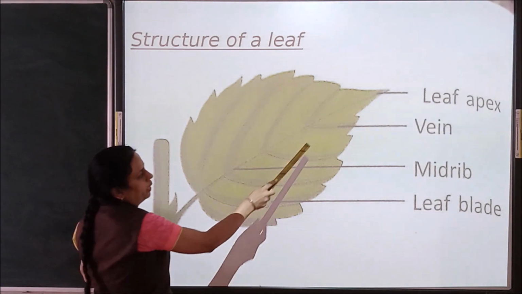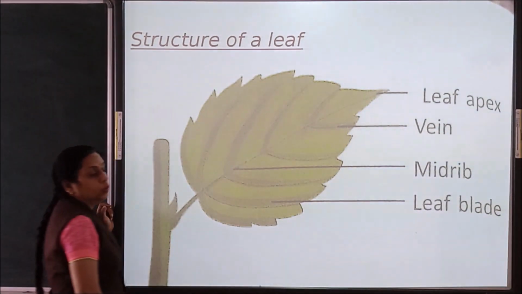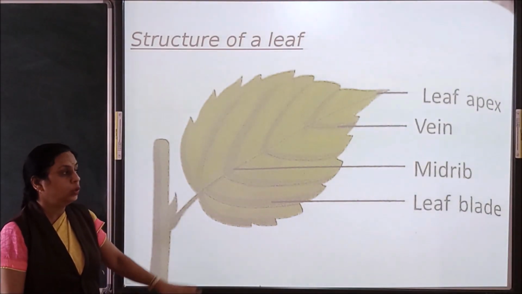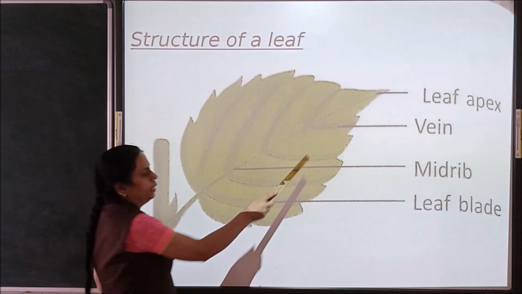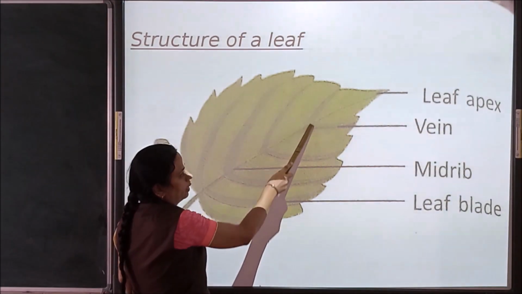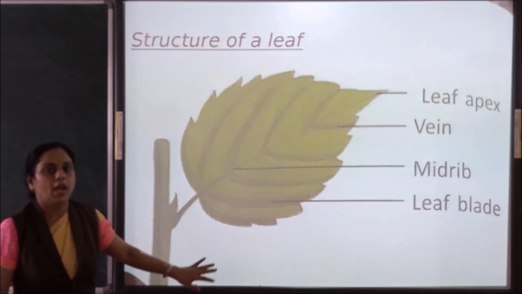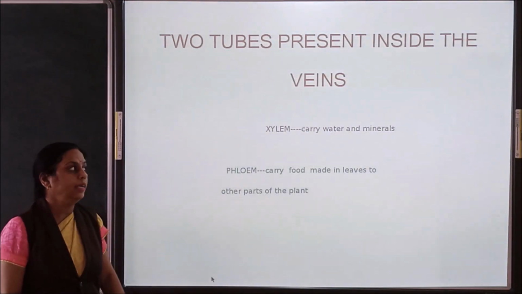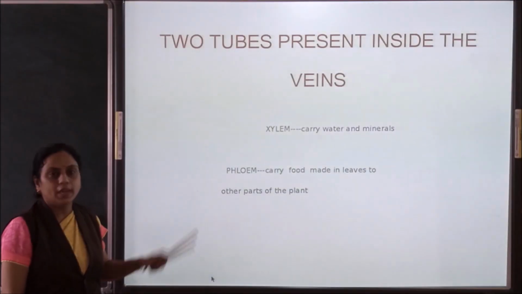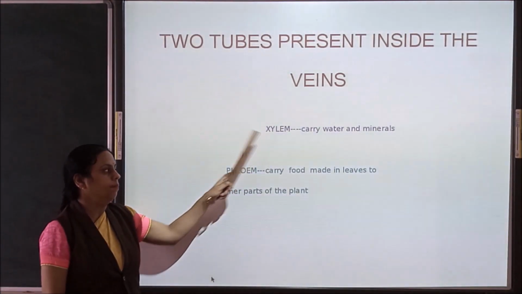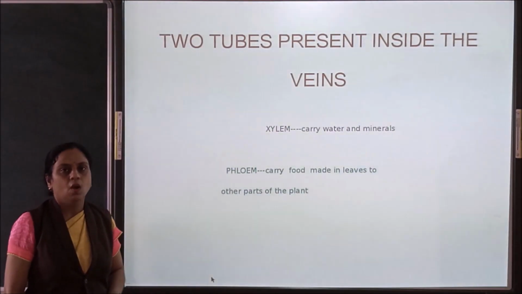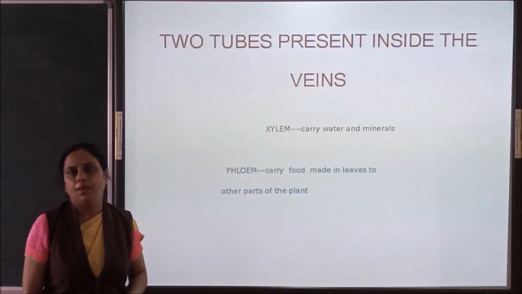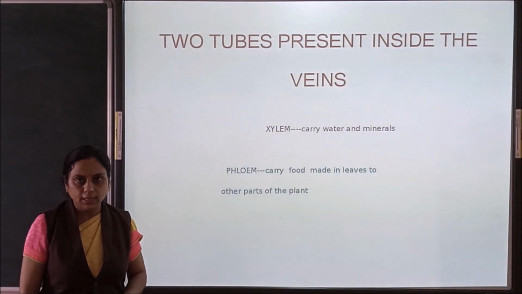Now children, in these veins, two tubes are present. What are present? Two tubes. Where? In these veins. That is xylem and phloem. What are the names? Xylem and phloem. You already know roots absorb water and minerals from the soil, isn't it?